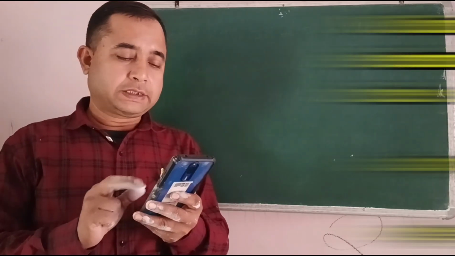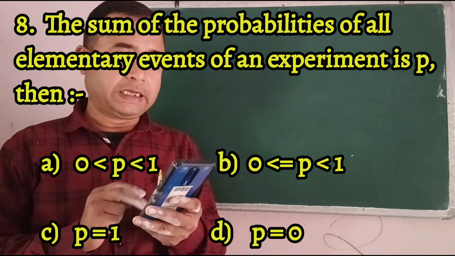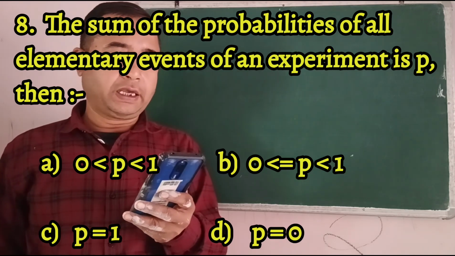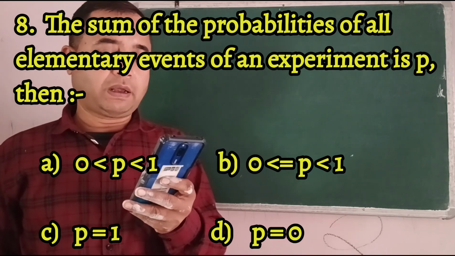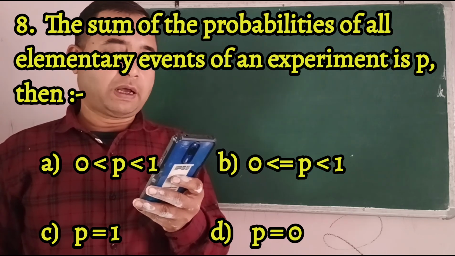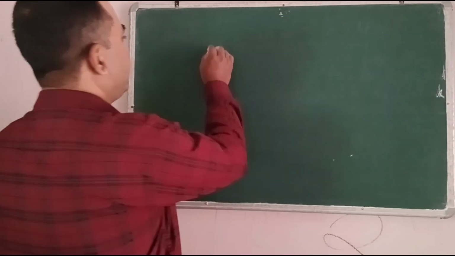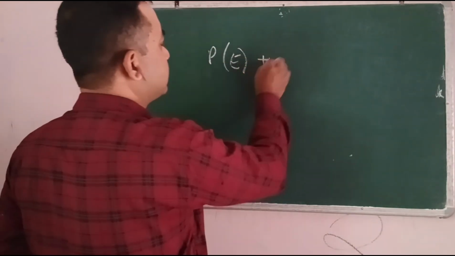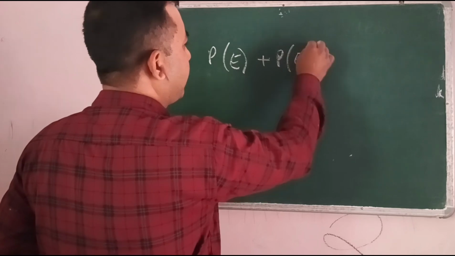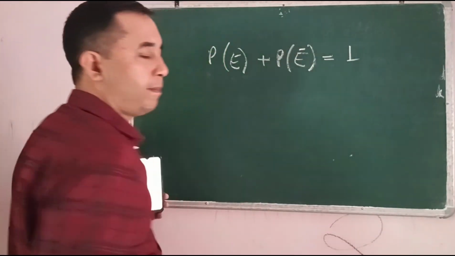Question number 8. The sum of the probabilities of all elementary events of an experiment is P, then option A 0 less than P less than 1, B 0 less than or equal to P less than or equal to 1, C P is equal to 1 and D P is equal to 0. We have to find out the correct option. In case of probability, we should know that P(E), the probability of an event, plus P(E dash), meaning not happened, is always equal to 1.